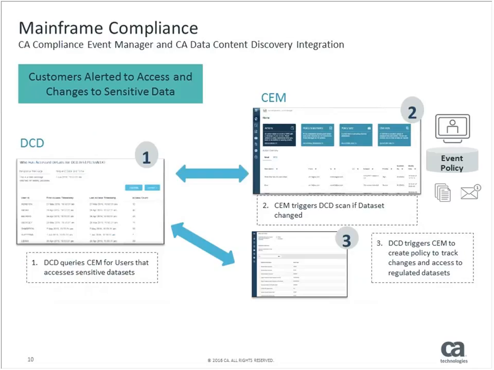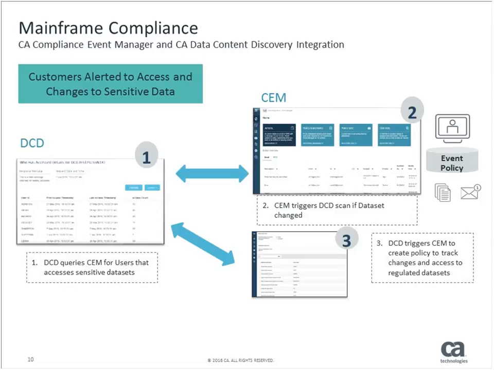So the first one is that DCD can actually query CEM to find out who has access to a particular database, so we can look and see of the user IDs, which ones have access to this data, and that's an important metric. But we also go a little bit further and allow you to understand who has actually accessed this data in the past. So you may come up with a list of, say, I don't know, 50 users who have permissions within the ESM to access a particular sensitive, newly discovered sensitive data set.